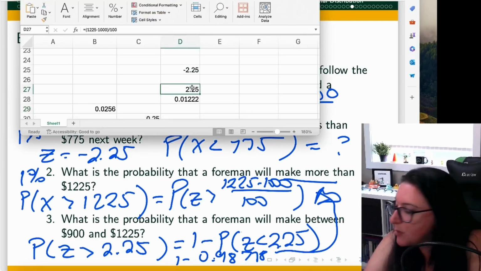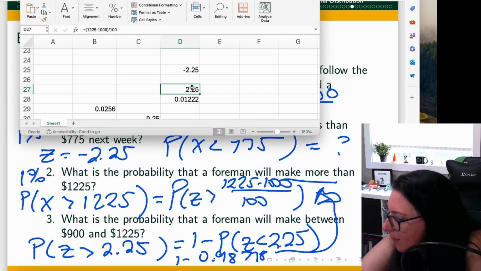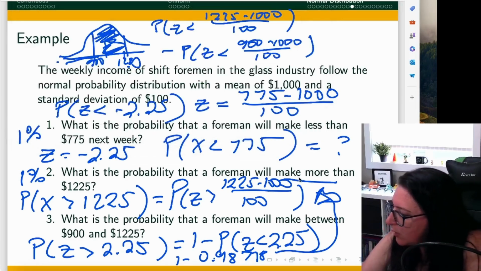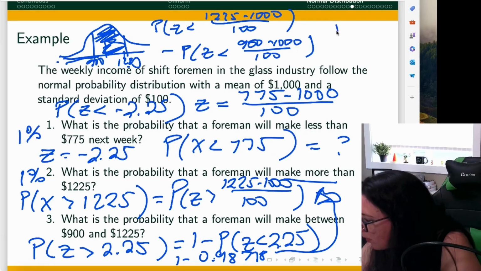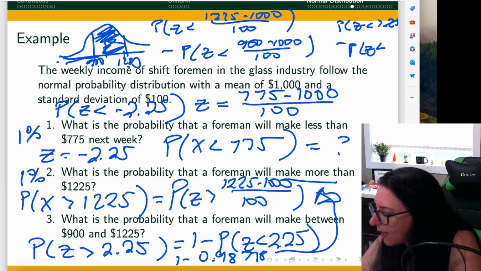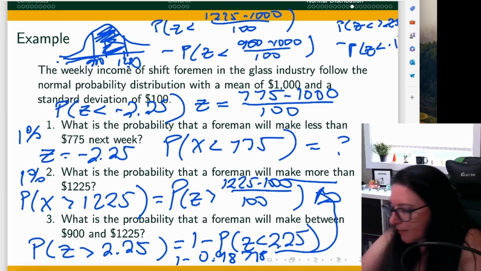So we have the 1225 minus 1,000 divided by 100. We already have that that's the probability that z is less than 2.25. And then we're going to subtract from that the probability that z is less than, well, 900 minus 1,000 is negative 100. So this is going to be negative 1.